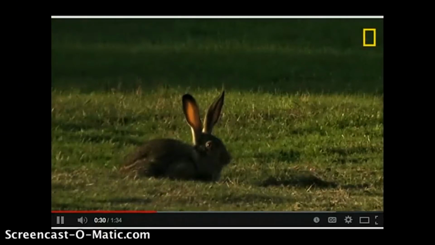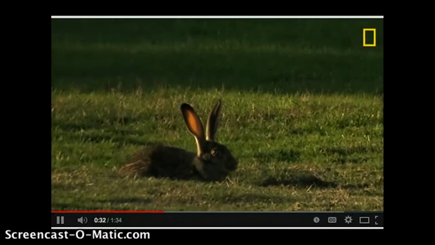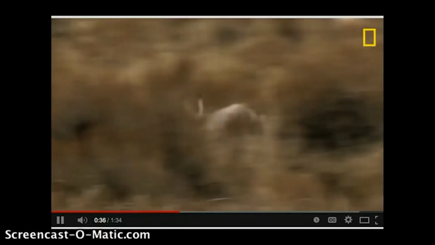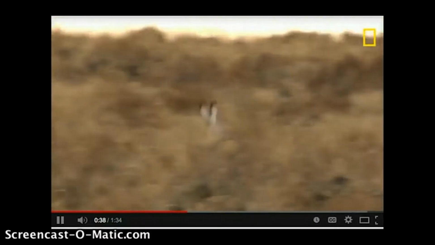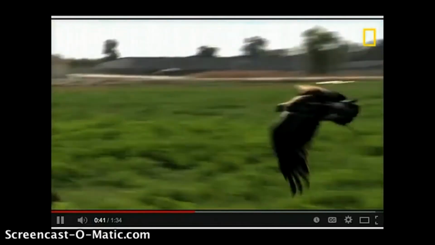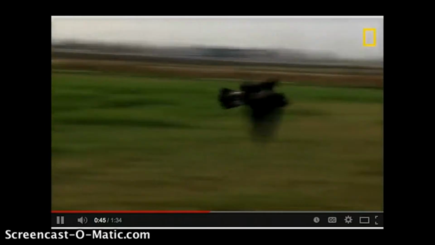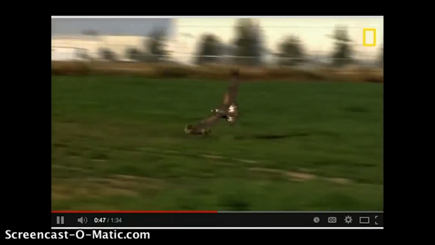And a killer 150-mile-per-hour dive, which means this jackrabbit doesn't stand a chance. Jackrabbits are a favorite prey of golden eagles and a hopping pack of protein. The rabbit can run as fast as 40 miles an hour, but that's no match for talons that descend from above.